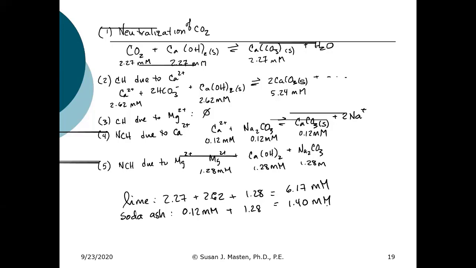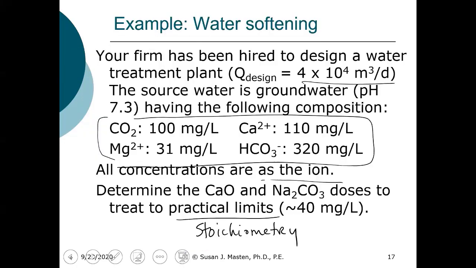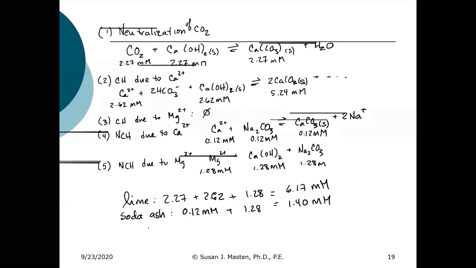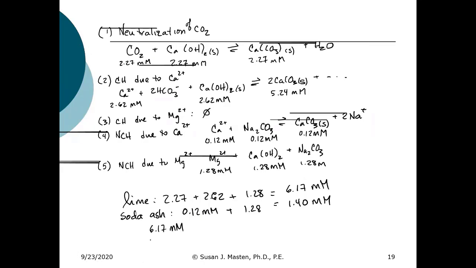The last thing we need: you were told that the plant design flow is 4 times 10 to the 4 cubic meters per day. So if we take the concentration in moles per liter and multiply that by the molecular weight, we actually add this as calcium oxide, so we'll multiply this by grams per mole.